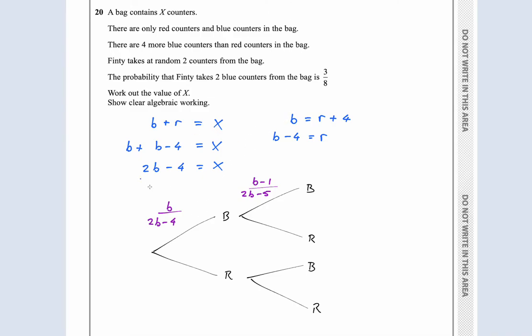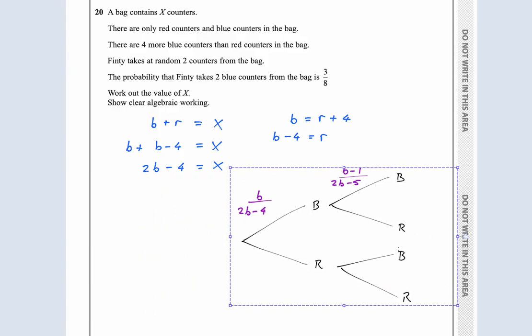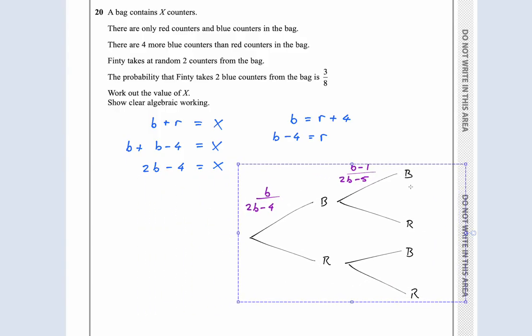So, once I get my head around this, let's put this over here. I can say that blue and blue, this times this, has to equal this. Because he says the probability of taking a blue and a blue, 2 blues, is 3 out of 8.